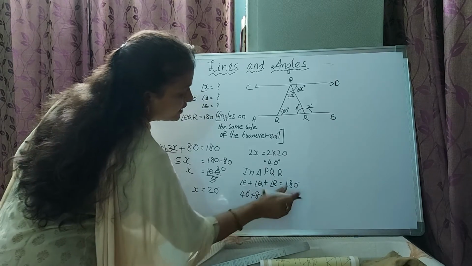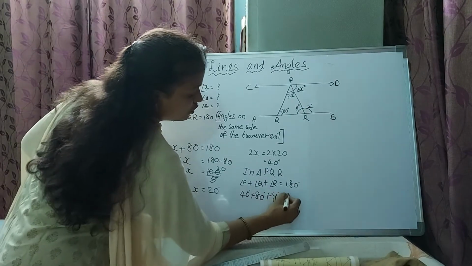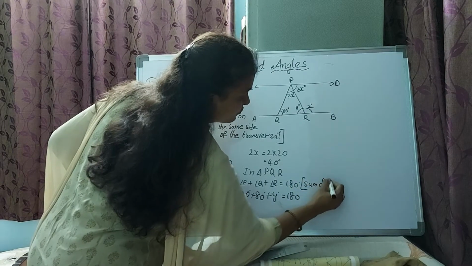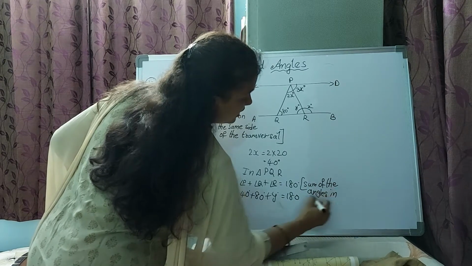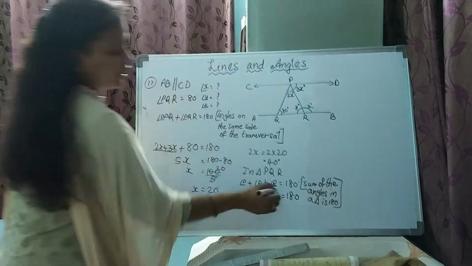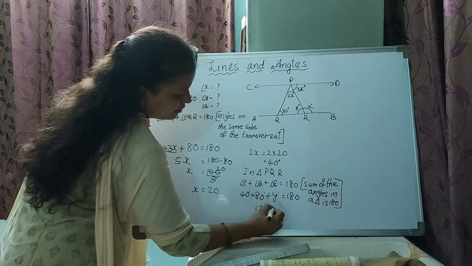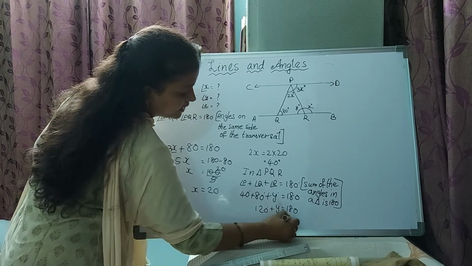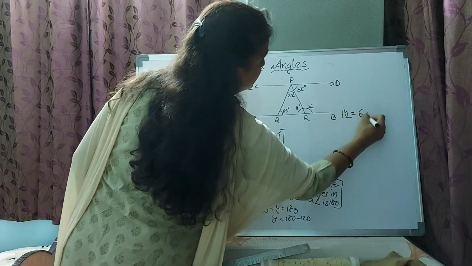We don't know, R is nothing but Y. So 40 plus 80 is 120, plus y is equal to 180. So y is equal to 180 minus 120. That is, angle y is equal to 60 degrees.